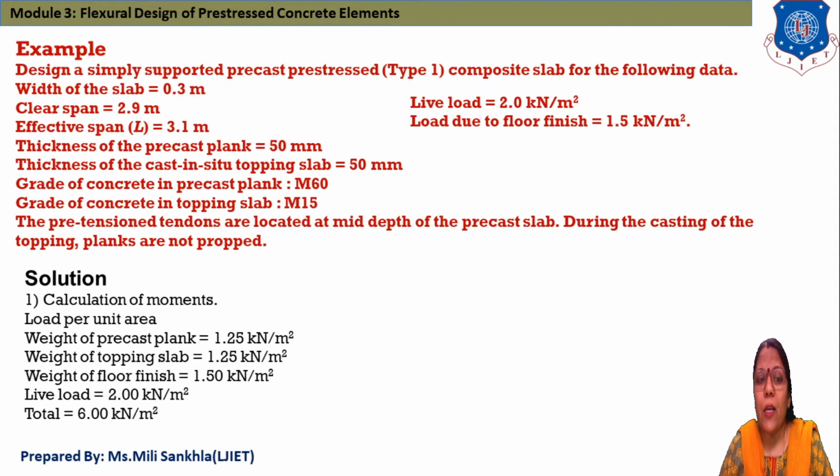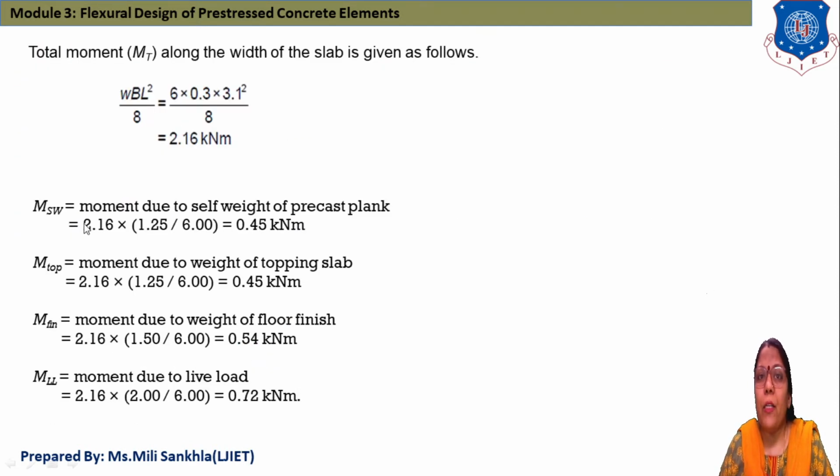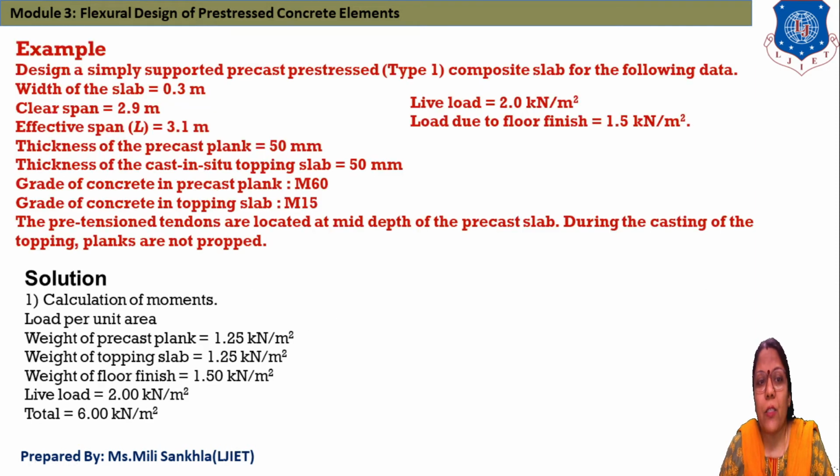This 1.25 is the weight of precast plank. Simply, moment is equal to total moment into self weight of precast plank divided by total 6. Total weight 6 is the total weight of precast, topping slab, floor finish and live load.